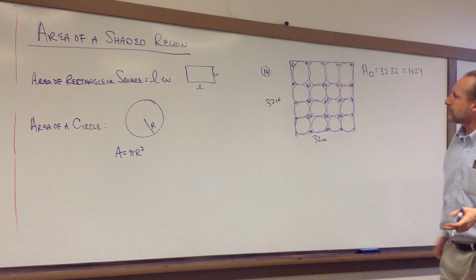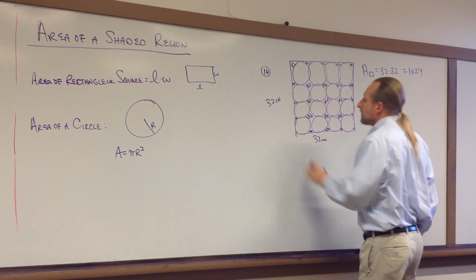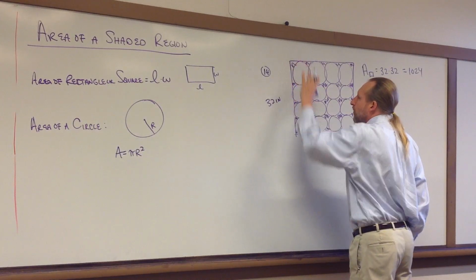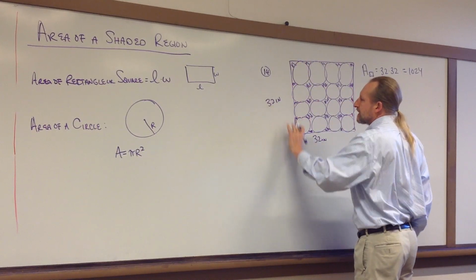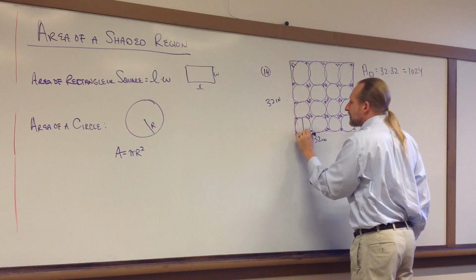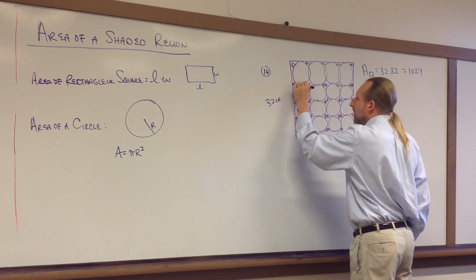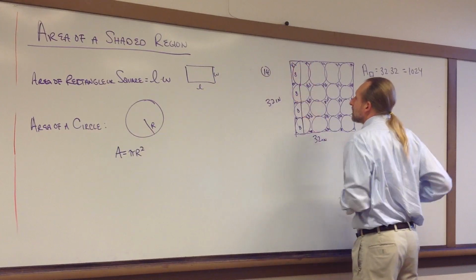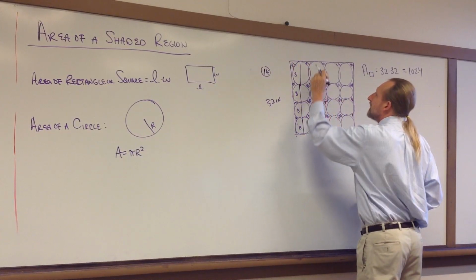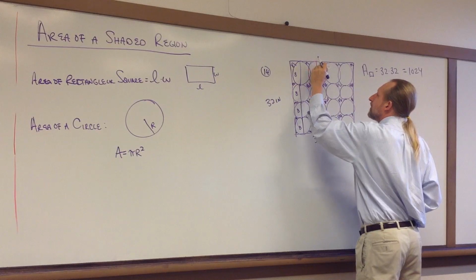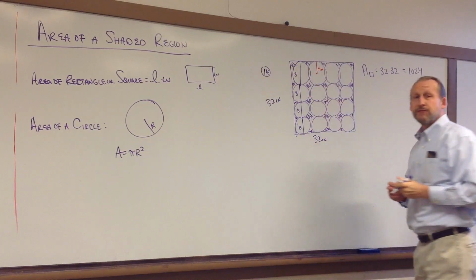These circles are all the same size. There's 1, 2, 3, 4 of them. If this distance is 32 inches, that means each of these is going to have a diameter of 8 inches. Which says that the radius for one of these circles is going to be 4 inches.